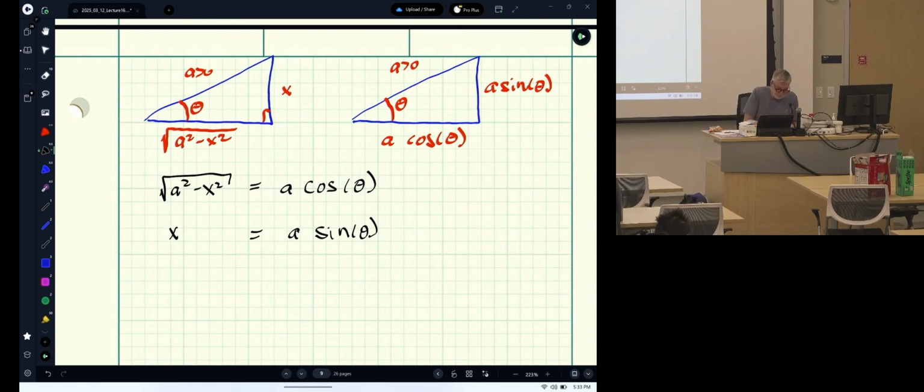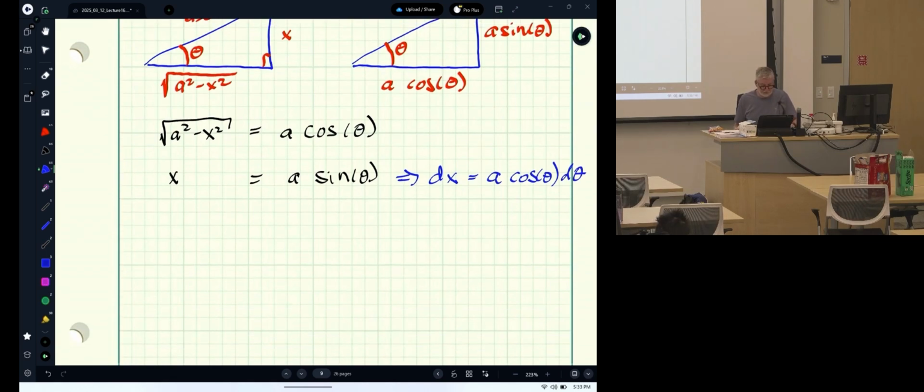And since we're doing integration, the dx in our formula is the same thing as a cosine of theta d theta when we do our change of variables with U substitution. And I'm going to do another trick from x equals a sine of theta.